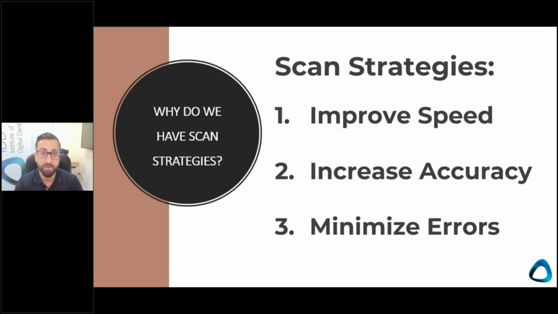It increases accuracy, and this has been literature proven: rather than haphazardly scanning around, if you use the right scan strategy, that involves a continuous fabrication of this digital impression rather than stitching a whole lot of data together, that will improve accuracy. And it helps minimize errors in your scan.